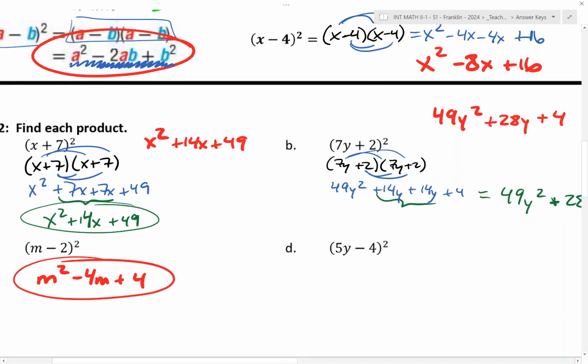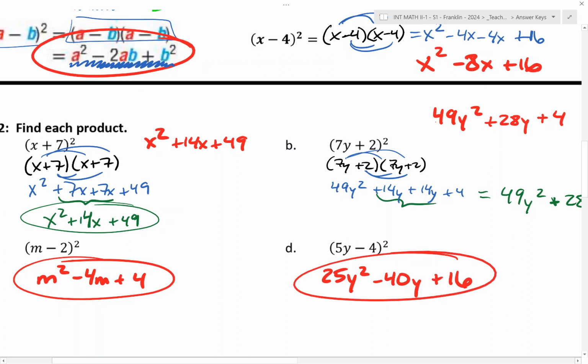And then on example D, 5y squared is 25y squared. Negative 4 times 5 is negative 20y, and 2 of those is negative 40y. And the negative 4 squared is positive 16. So again, the pattern does make it quicker, but if you don't remember the pattern, you can always just write out the multiplication and just use the distributive property.